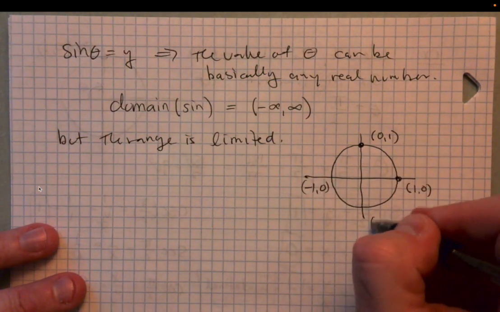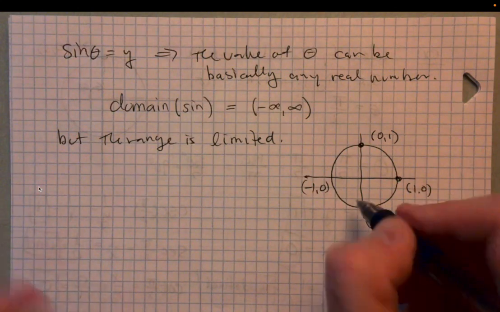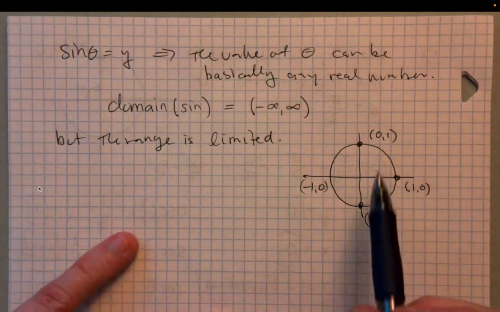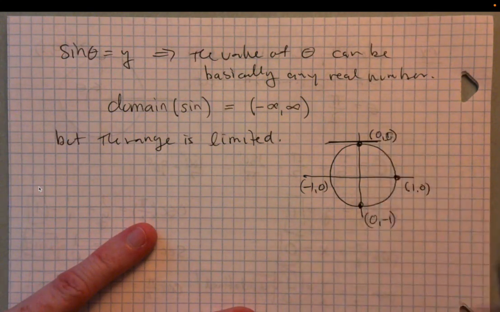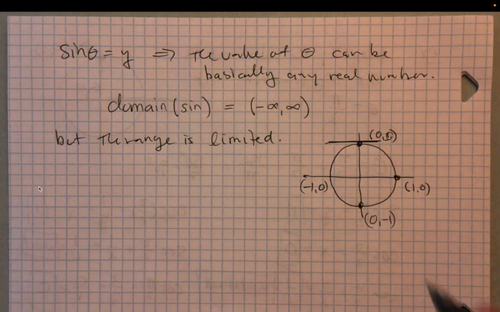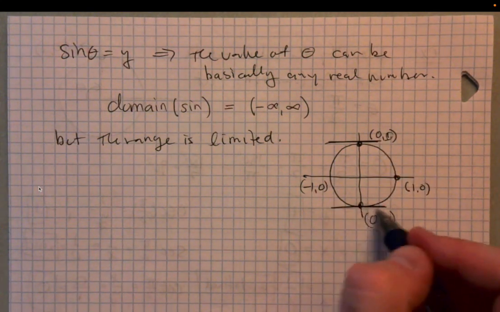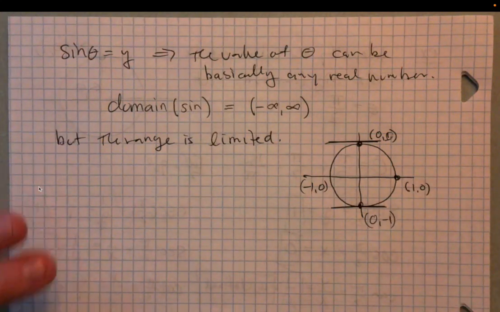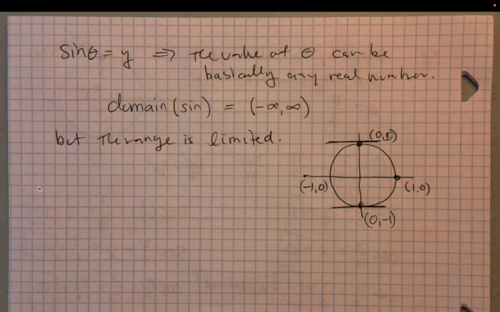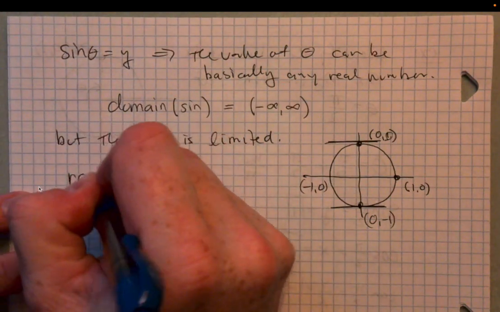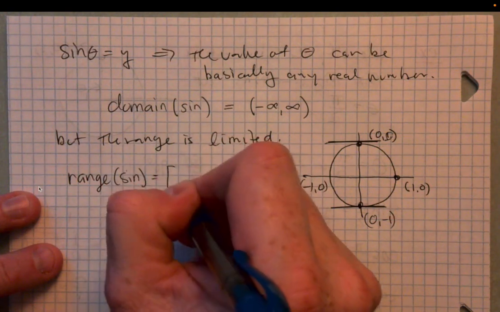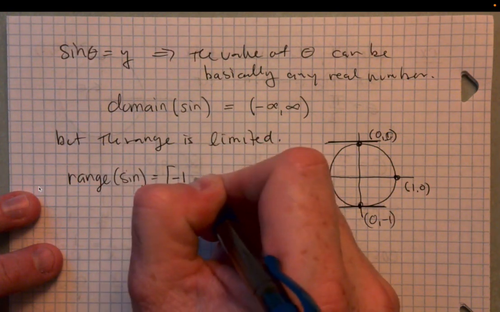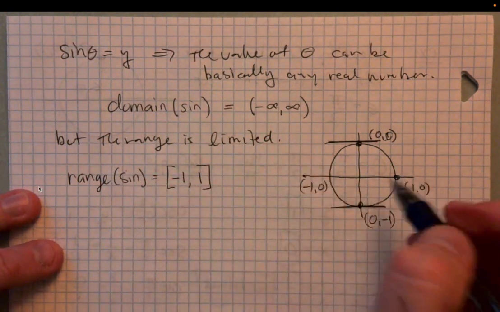And down here we have (0, -1). And so the sine function is going to top out up here at 1. 1 is the max value of the sine function. And it's going to bottom out down here at -1. And every value in between there is going to be valid for the sine function. So the range of sine is equal to -1 up to +1.